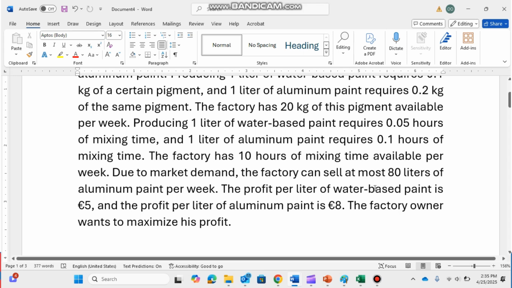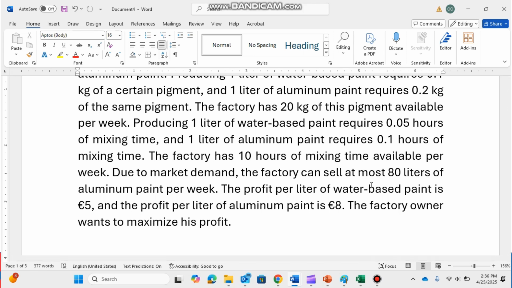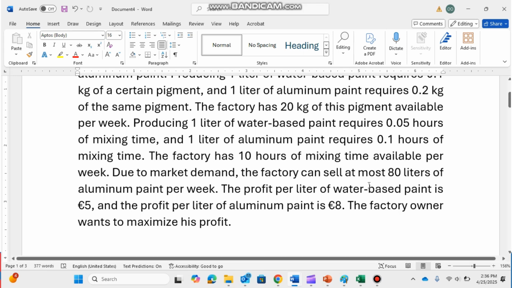Due to market demand, the factory can sell at most 8 liters of aluminium paint per week. Profit per liter of water-based paint is €5, and the profit per liter of aluminium paint is €8.